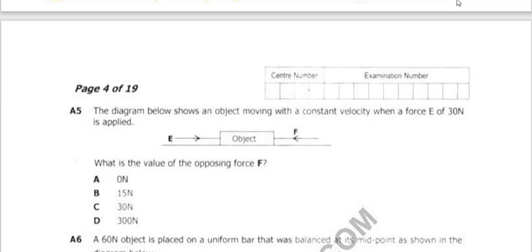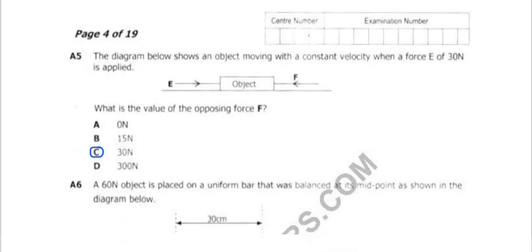It will just remain at that velocity. So if this object is moving at a constant velocity, it means that no force between the two is greater than the other one. So this force and that force are equal. If this is 30 newtons, this one is 30 newtons as well. So the correct answer there is C.